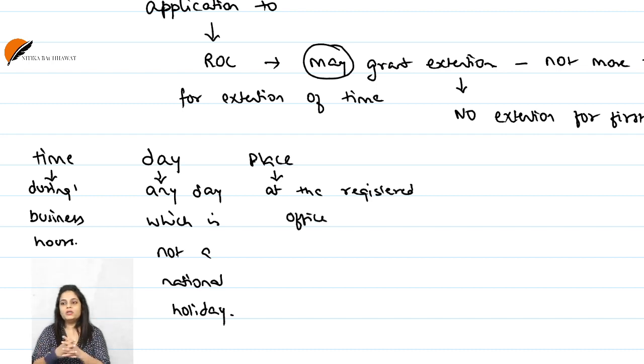Suppose my office is situated in Kolkata, and my company has recently earned a lot. Honestly, I want to give my members a very lavish meeting. So instead of holding it at my registered office, I want to hold the meeting at JW Marriott in Kolkata.